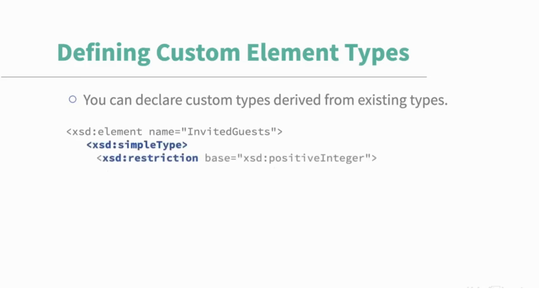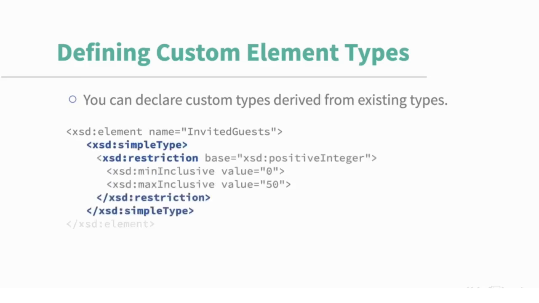Suppose we had an element in our XML data named invited guests because it represents data for a party event. We could just specify the type of this tag as a positive integer. But the problem with that would be that a positive integer allows you to specify a value all the way up to a really large number. And I doubt we're going to be inviting the entire planet to our party.